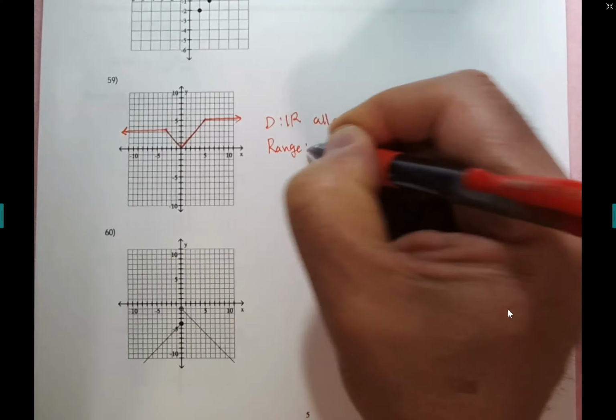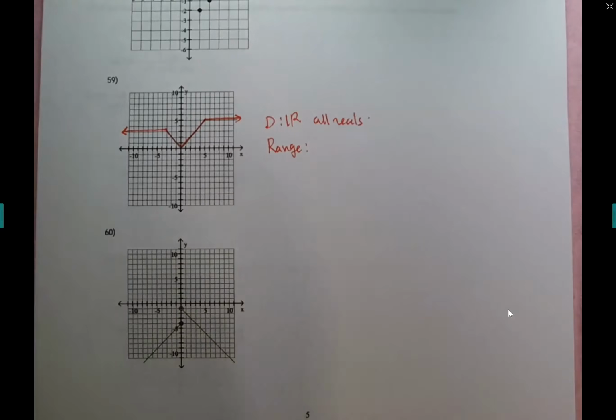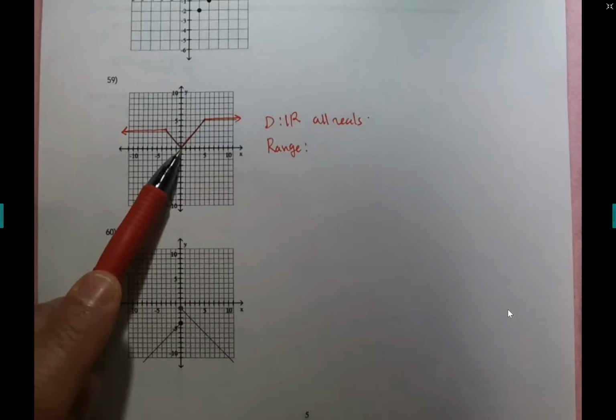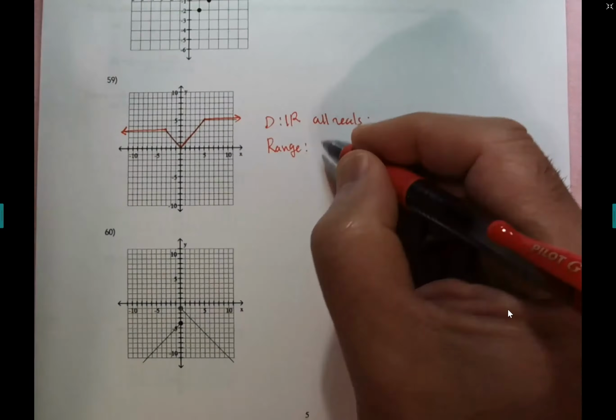Can someone tell me what the range is? The range are the values of the function on the y-axis. It doesn't seem like it covers the entire y-axis. I think it starts at 0. And what's the highest value that the y can take, guys? Is that 5? Yep. 0 to 5.